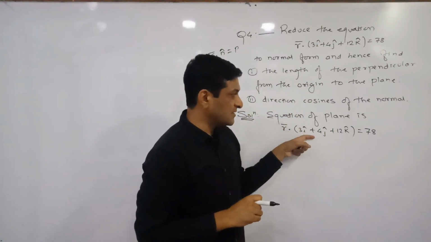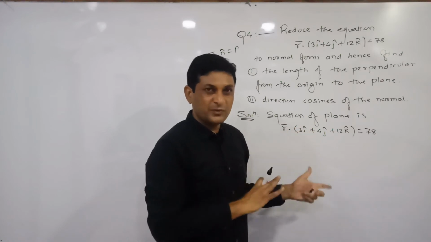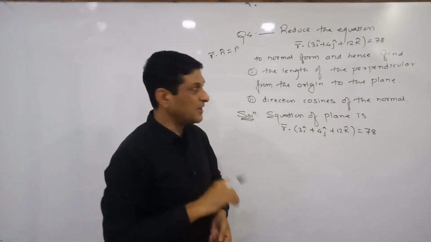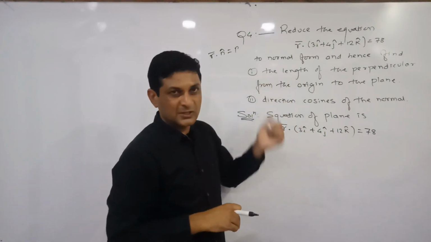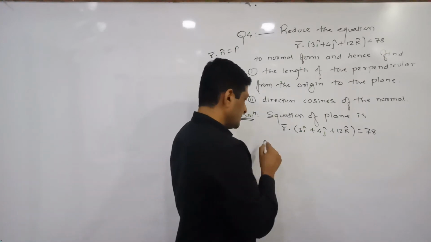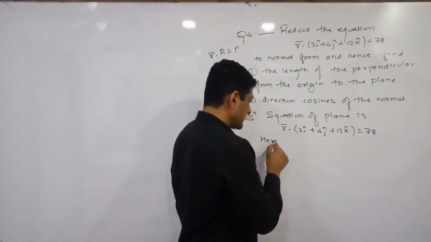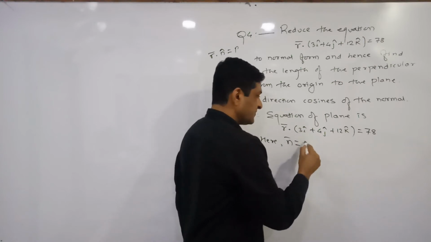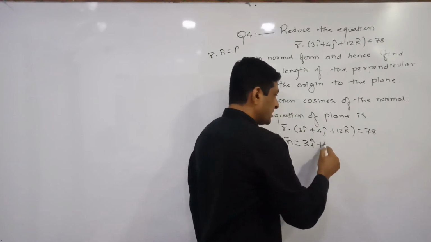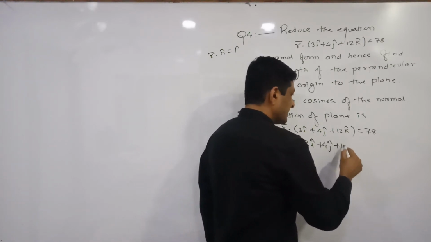So we have considered the vector equation of the plane. First we will try to convert it in normal form, and later on we will try to solve these two examples. So here n bar will be equal to 3i cap plus 4j cap plus 12k cap.